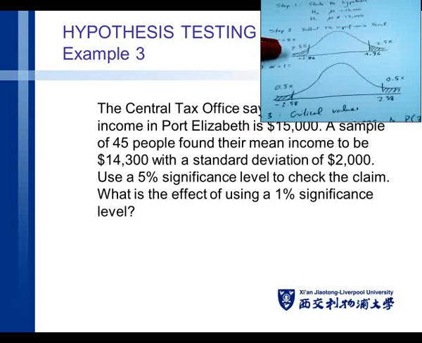Who says left? Who says middle? Who says right? Left. Okay?